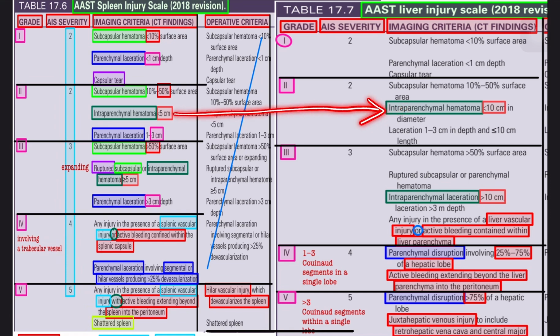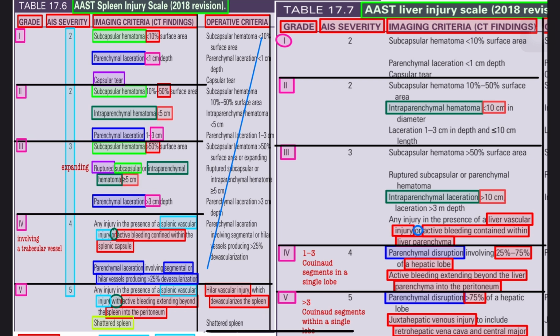Grade 2 we have discussed. Now come to grade 3. In grade 3, the subcapsular hematoma is more than 50%: 10, 50, more than 50. Then there is expanding or ruptured subcapsular or intraparenchymal hematoma of more than 5 centimeter.